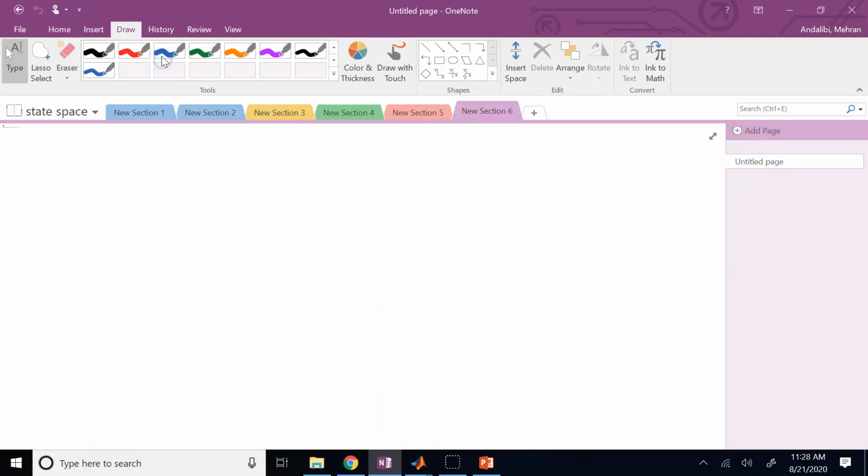What I have is y and y dot, or actually y dot and y double dot, which is the vector x dot, correct?